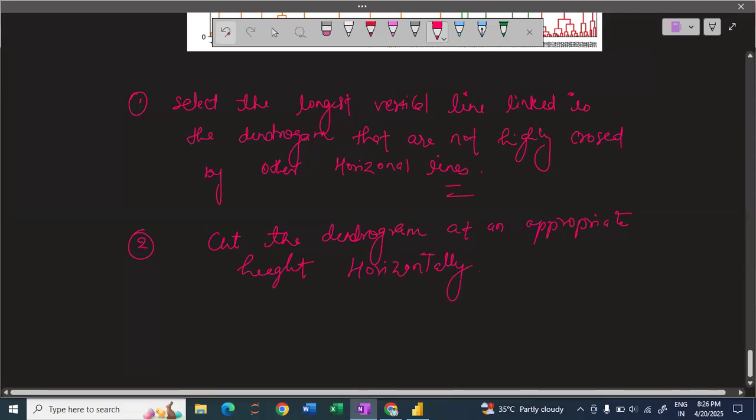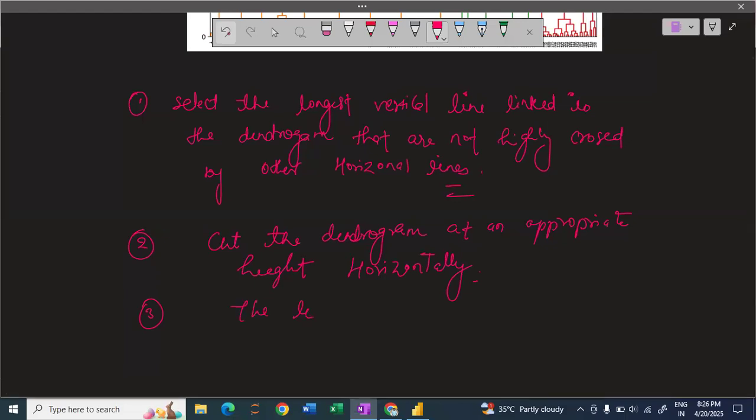Then the line we cut, or we can say count the bisected data points where the line cuts.